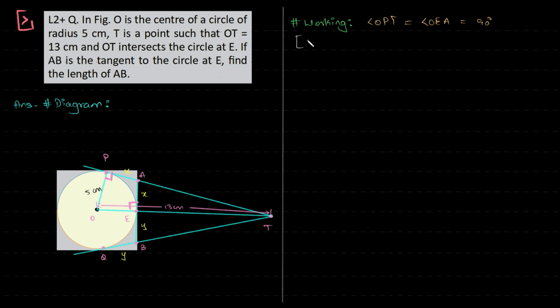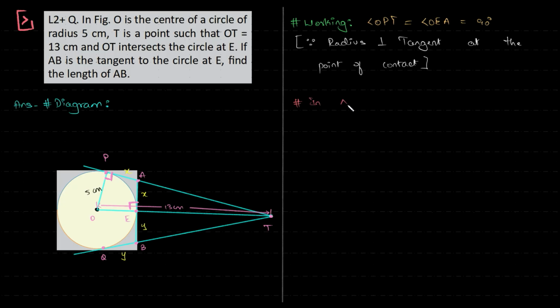This is because of the fact that the radius is perpendicular to the tangent at the point of contact. Okay, all this is well and good. What is the next thing? We can find out PT. We'll go systematically. So let's find out PT first.